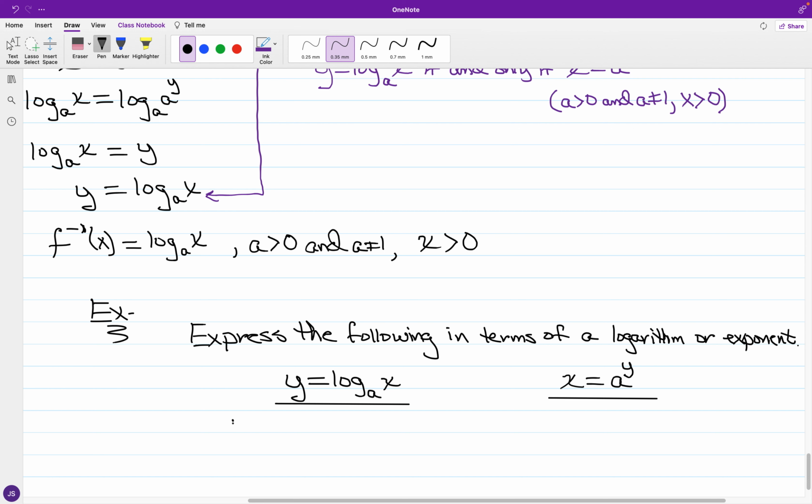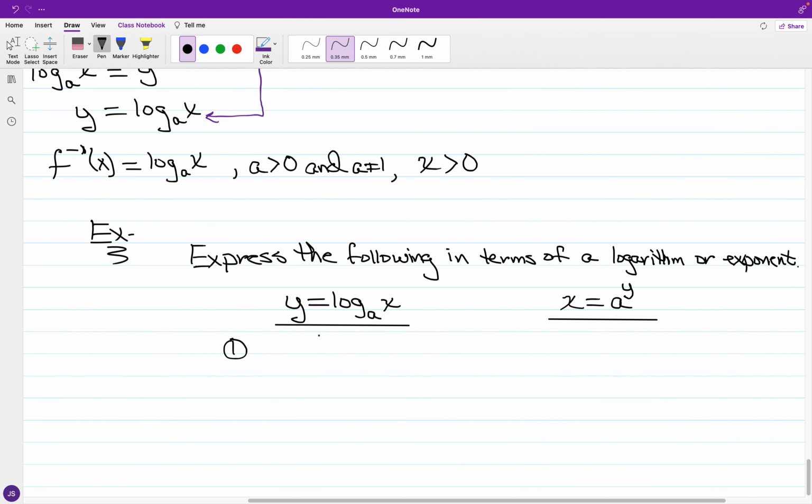And we'll say we have as a first case. All right, let's say that the first statement we have in terms of a logarithm, and we'll say we have 3 is equal to the base 5 logarithm of 125. I already had this in terms of y is equal to the base a log of x.